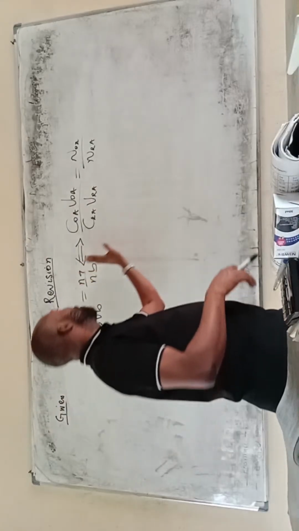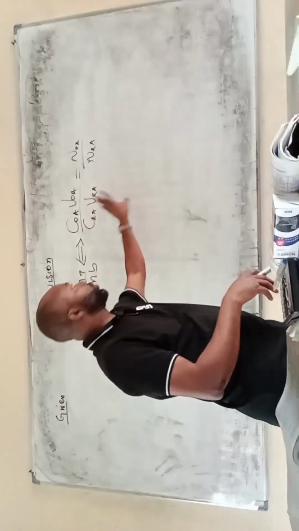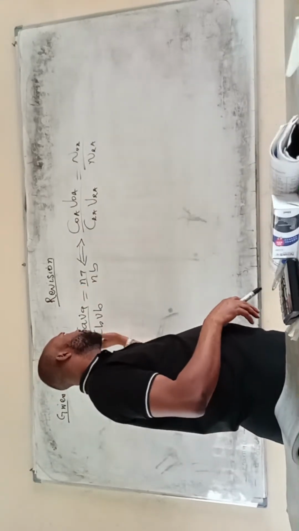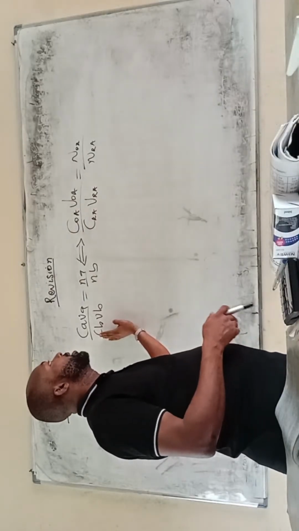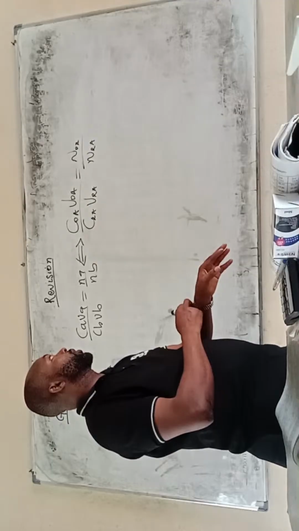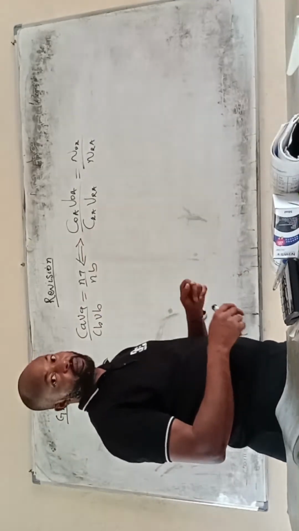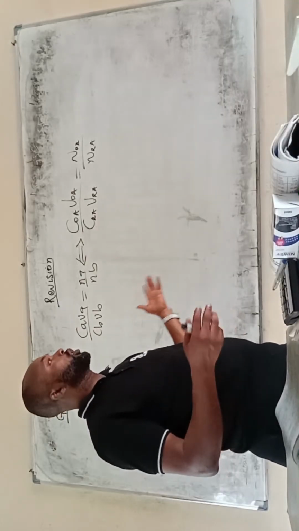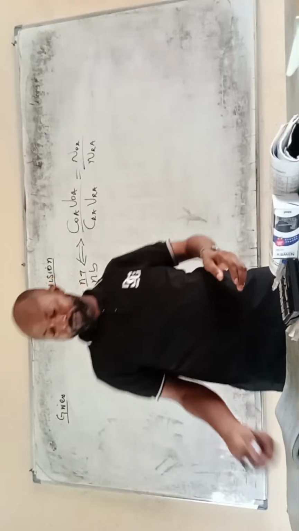So whenever we come across a redox question, this is what we use. We don't use this. If you use this, you're still going to get the answer correctly, but the formula is not 100% correct. It's wrong because you are not dealing with normal acids. You are dealing with an oxidizing agent this time around. So we're going to take our first question here, then we apply this principle and see how that goes.